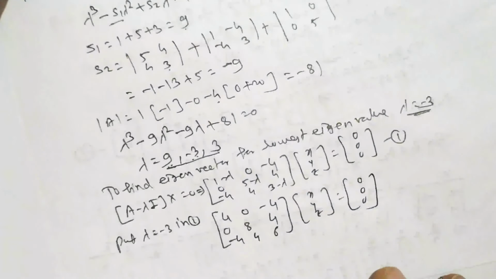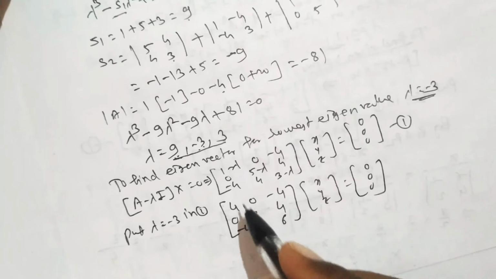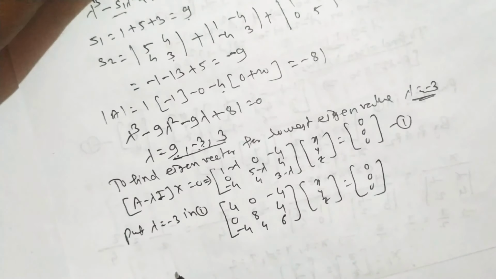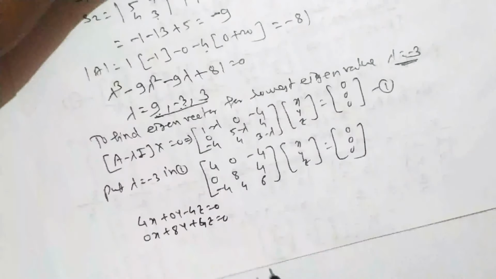Now consider any two distinct rows and apply Cramer's rule. Here all rows are distinct, so if we consider R1 and R2, by R1 we can write 4x plus 0y minus 4z equal to 0, and by R2 we can write 0x plus 8y plus 4z equal to 0. Two equations, 3 unknowns, how do we solve?